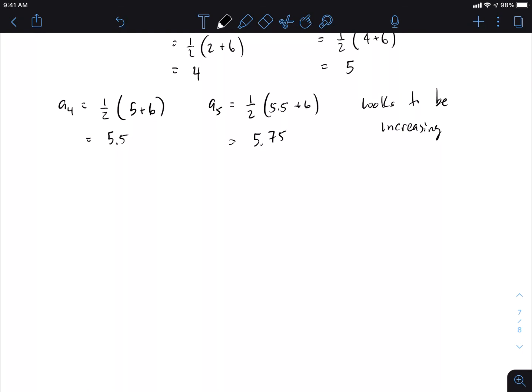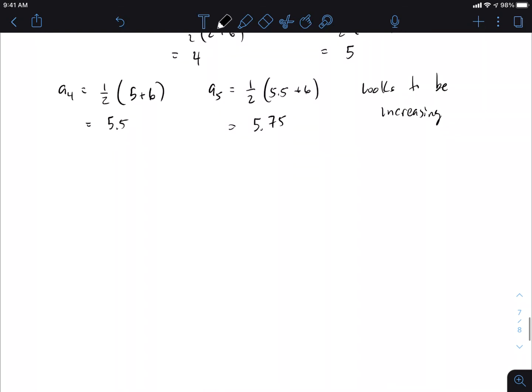We can even see where this thing is going, and I'll demonstrate for you what this function ends up going to. But we can see that this thing is definitely growing, ever so slowly. So the way that we do this is we say, okay, a sub k plus 1 should be bigger than a sub k, the previous one.